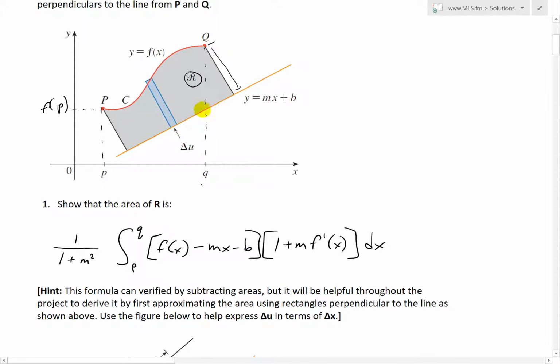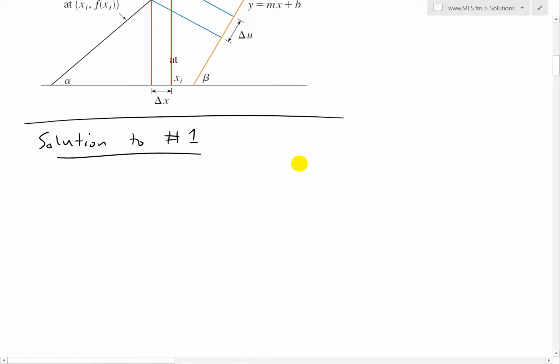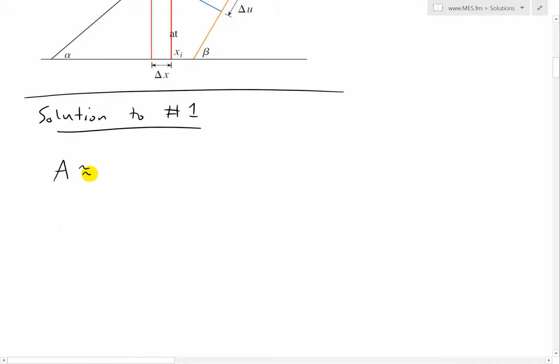If we assume we're always dealing with this slanted line like this, then basically the area is going to be roughly equal to the limit as n approaches infinity of the sum from i equals 1 up to n, where n is approaching infinity.